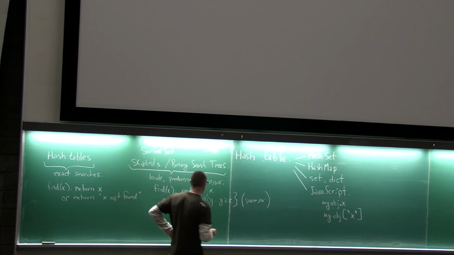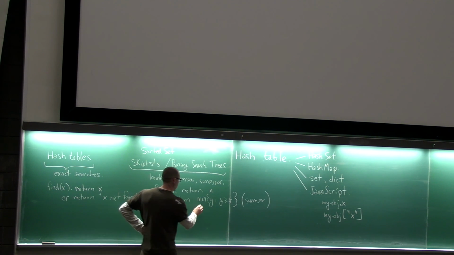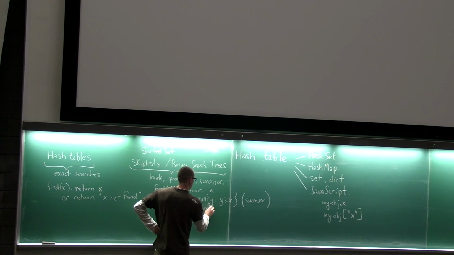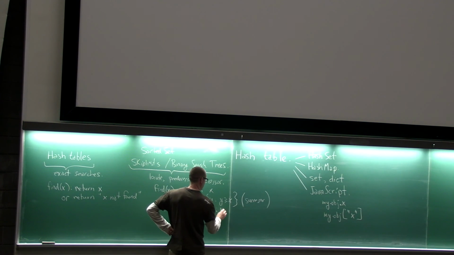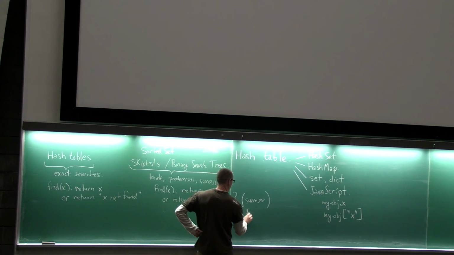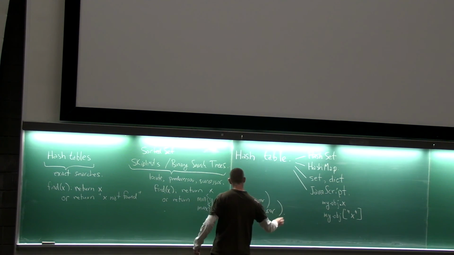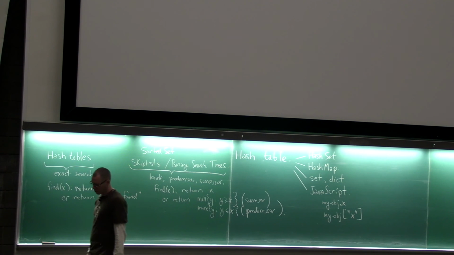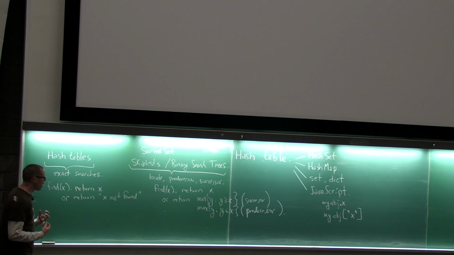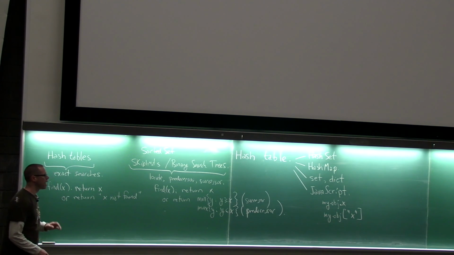That's the value that comes after X, if X is not there. Or maybe the max Y such that Y is less than or equal to X, and that's what's called a predecessor of X.